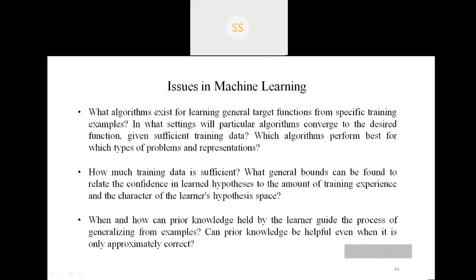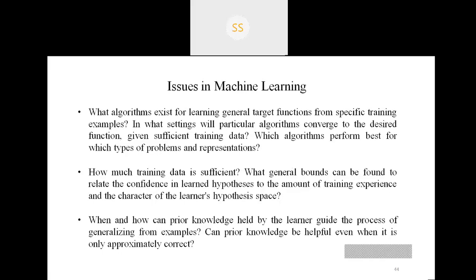And there are some issues with machine learning. So let us look at what those issues are. What algorithms exist for learning general target functions from specific training examples? You don't have an idea of that. In what settings will particular algorithms converge to the desired function given sufficient training data, and which algorithms perform better for which types of problems and representations?